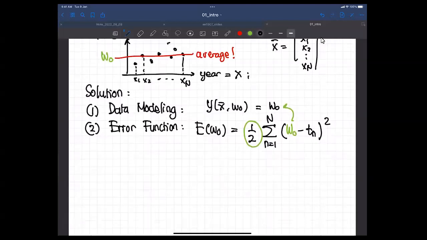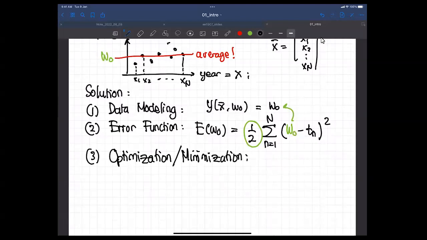Okay, so once you have this error function, the third step is to do optimization. In this case, the optimization will be minimization. Sometimes people use maximization as well.